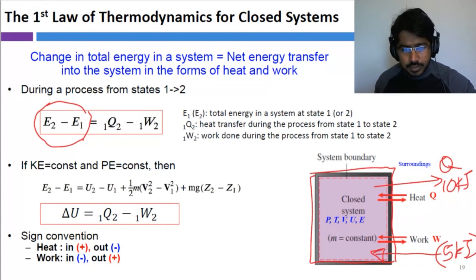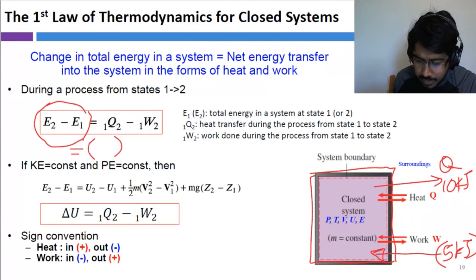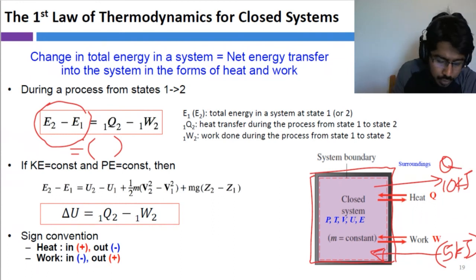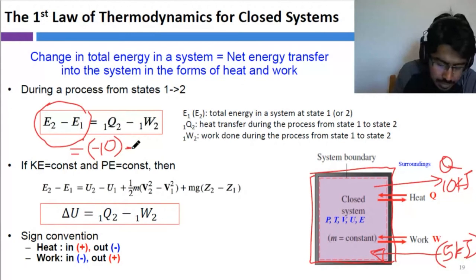Okay, let's try to see this. What is the amount of heat that we substitute in this equation? The magnitude is 10 kilojoules, and it is into the system. Therefore, it is positive. And there's a negative sign in the equation.